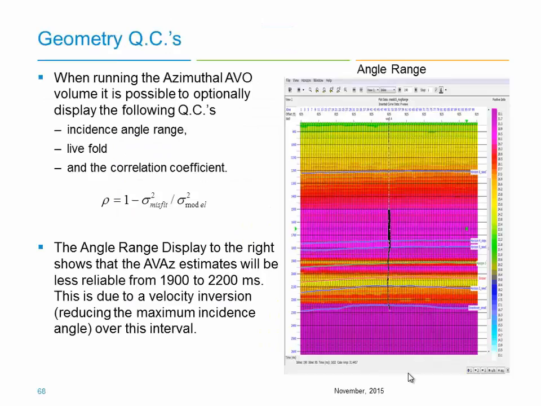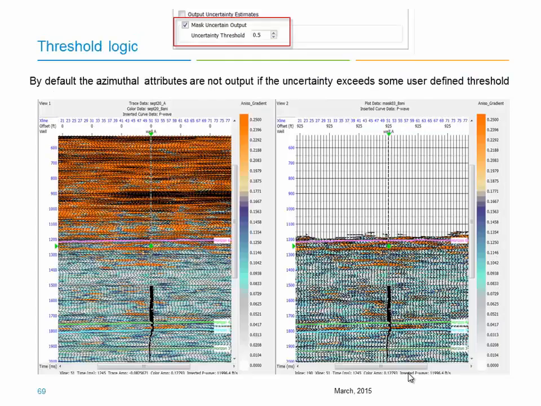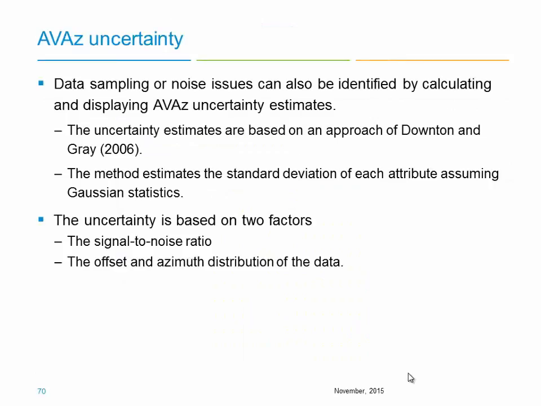So in this particular case, anything above this horizon here, it's a narrow angle range, and it caused problems with the estimate of the anisotropic gradient, and it's sort of blowing up here. So what the program now does is there's an uncertainty threshold that's defaulted, and it won't output in this particular situation, like at the edges of the survey.